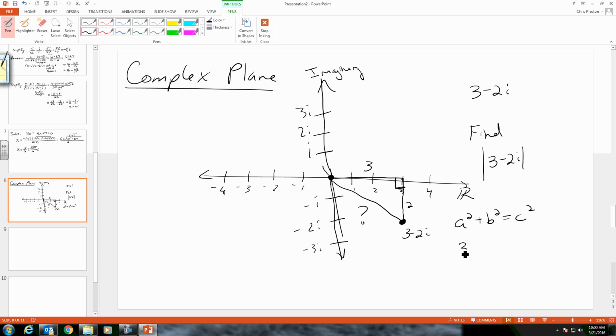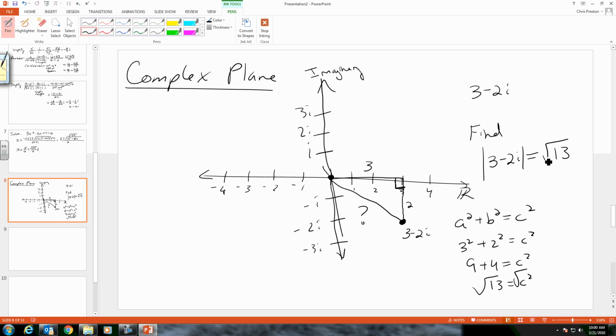So 3 squared plus 2 squared equals c squared. 9 plus 4, 13 equals c squared. Well, what is the absolute value of 3 minus 2i? It's the square root of 13.